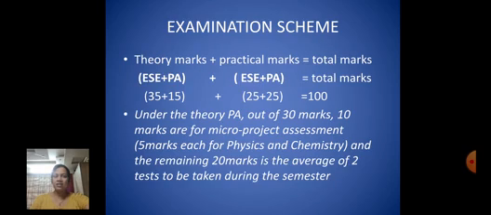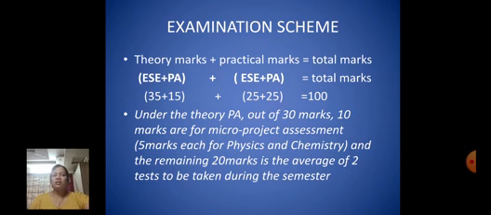Now let's see what is the examination scheme. So total 100 marks are there for physics, and for chemistry 100 marks are there. So your total basic science course is for 200 marks. Now this is divided into 2 parts.